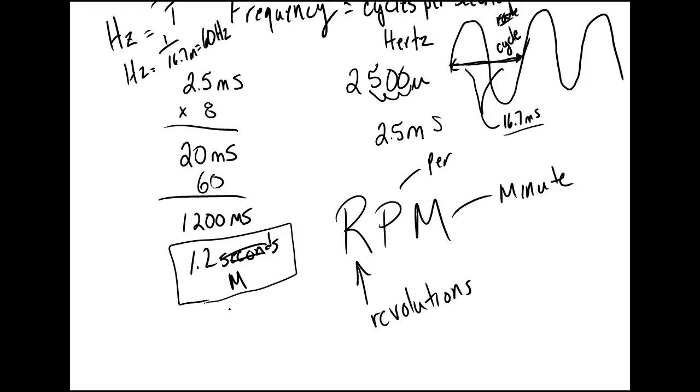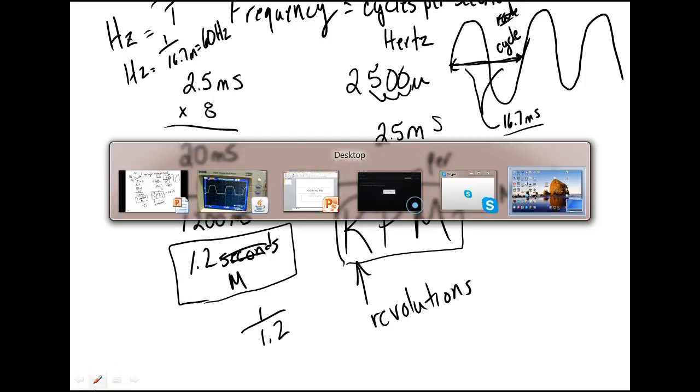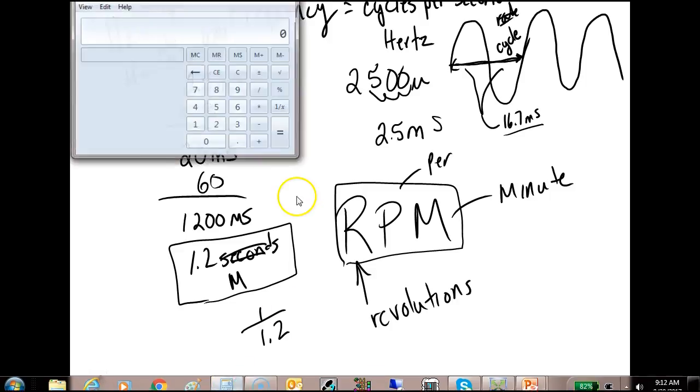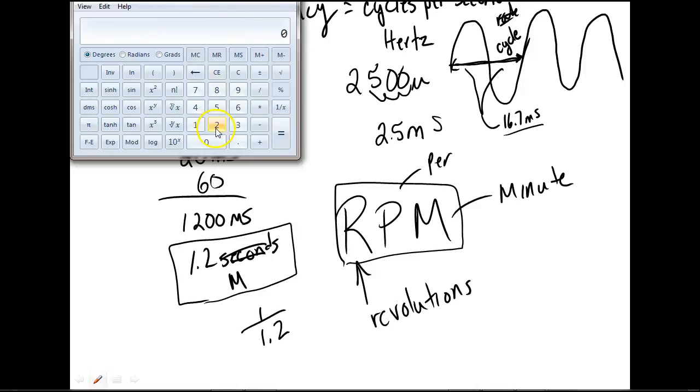So what would be the speed? So this is the rate. So it looks like I should take 1.1 divided by 1.2, and we've done something wrong. So 2.5 milli, right?